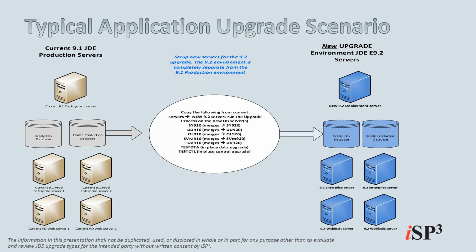So in this scenario, you have your new 9.2 servers, and all you need for the upgrade portion is to bring over the database side of your shared data sources, and then the environment that you're going to be upgrading, your first upgrade environment.